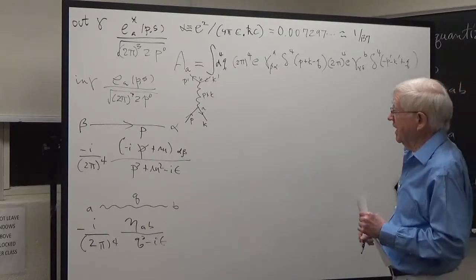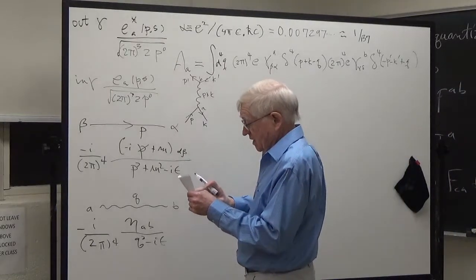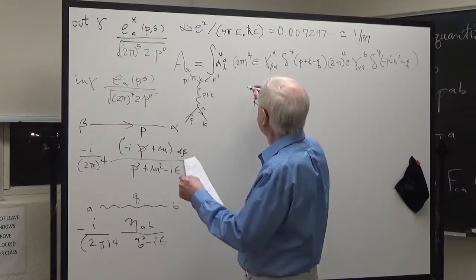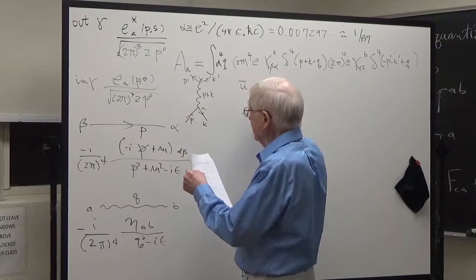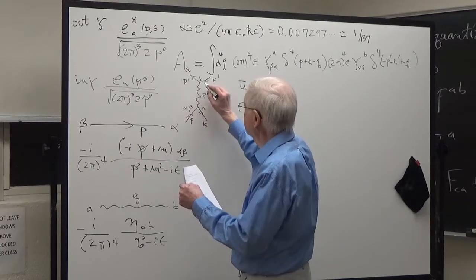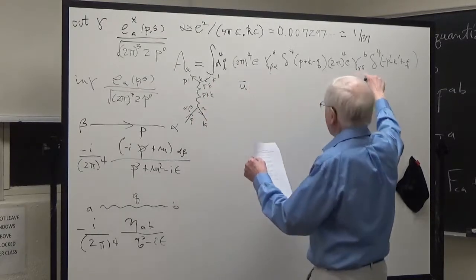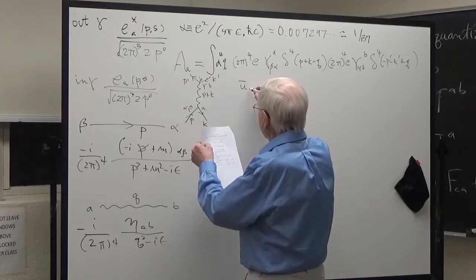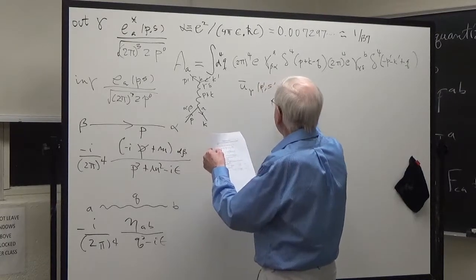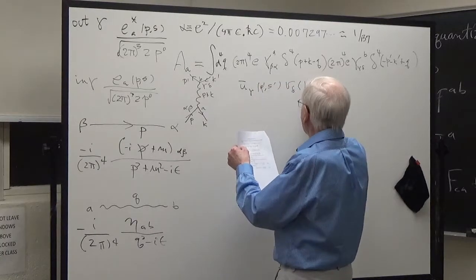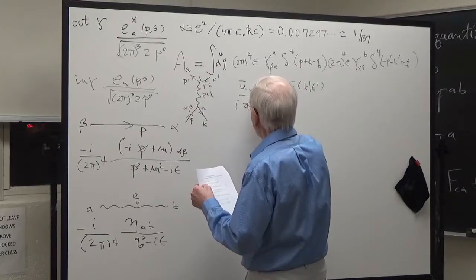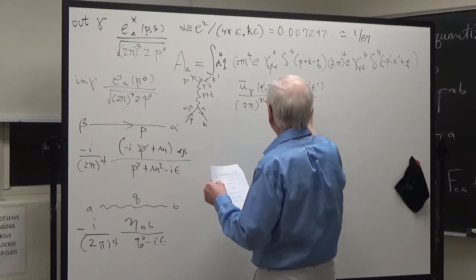And now we've got the two outgoing fermions, and so we put in a u bar, and I'm going to use alpha and beta for the indices here, gamma delta for the indices there, the way I did it here. So this is going to be u bar gamma of p prime and s prime, v delta of k prime and t prime, and each of these is divided by 2 pi to the 3 halves.